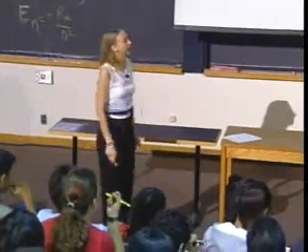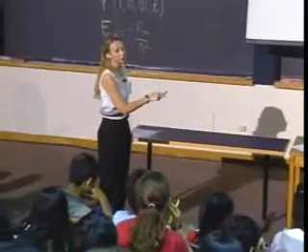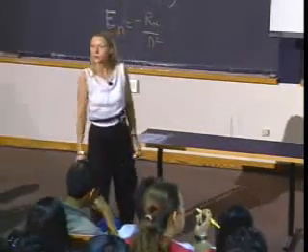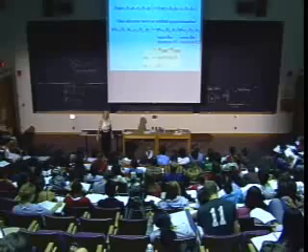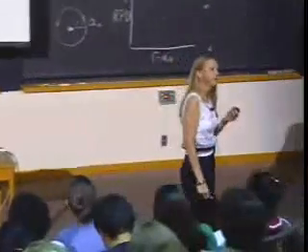An alternate way to write that is 1s1 times 1s2, where this refers to electron 1 and this refers to electron 2. A more shorthand way is to write this as 1s squared. Okay, so that's the approximation for helium.